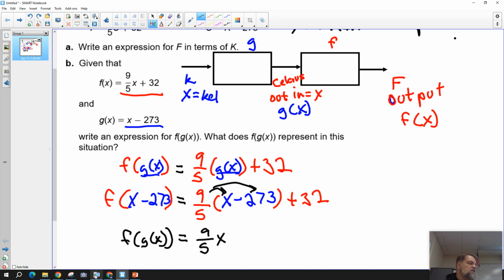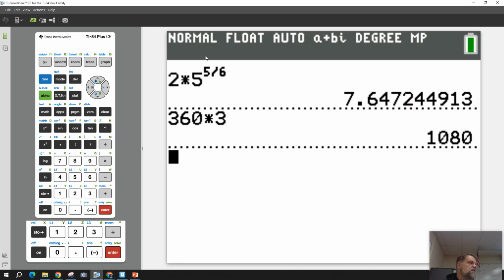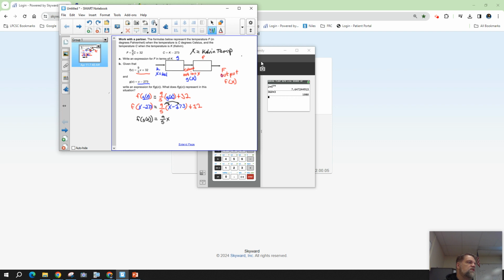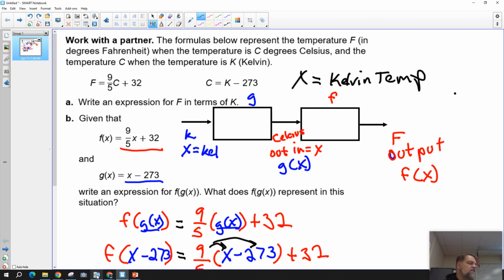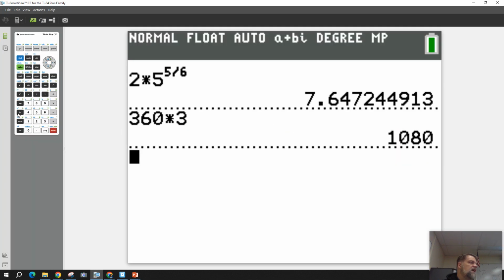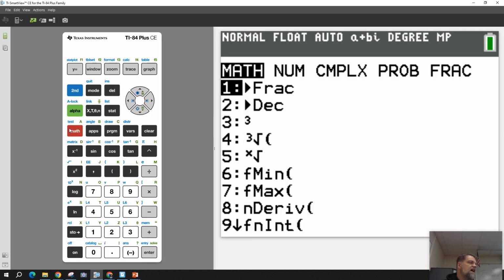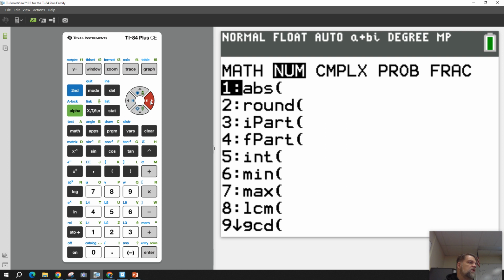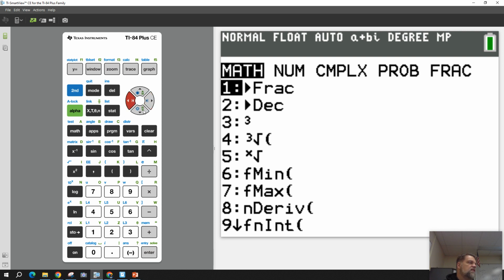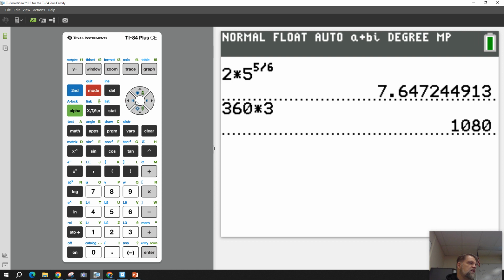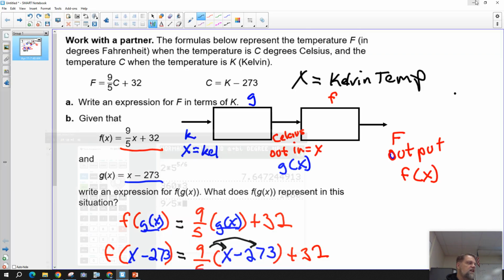We have these fancy calculators. Now, it would take me a little bit of work to do this 9/5 times 273 type situation. But on my fancy calculator, if you guys hit math and you go to number, oh, on your old calculators, it might not have it. So we'll just pretend it's an old calculator. So just say 9 divided by 5, and then multiply that by, was it negative 273?